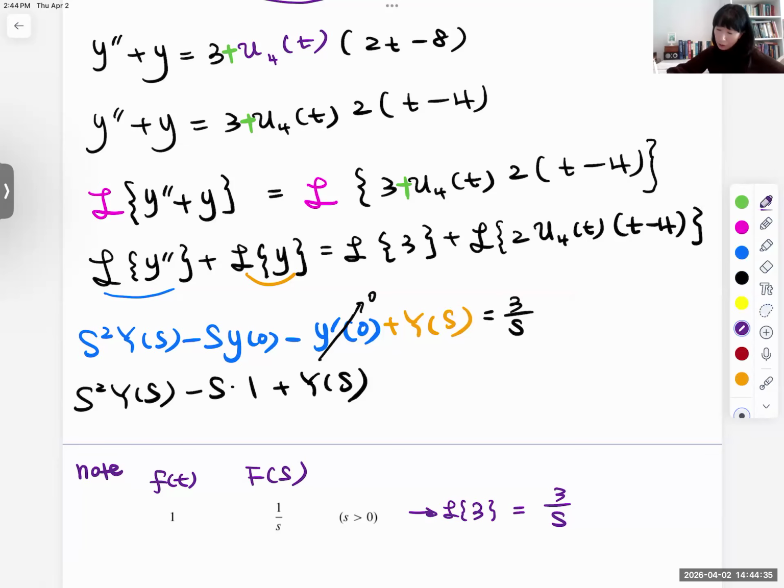We have c equal to 4, so plus 2 e to the negative 4s over s squared, s squared from the t, so t to the n power with n equal to 1. We did it earlier. Equal to, let me just copy.